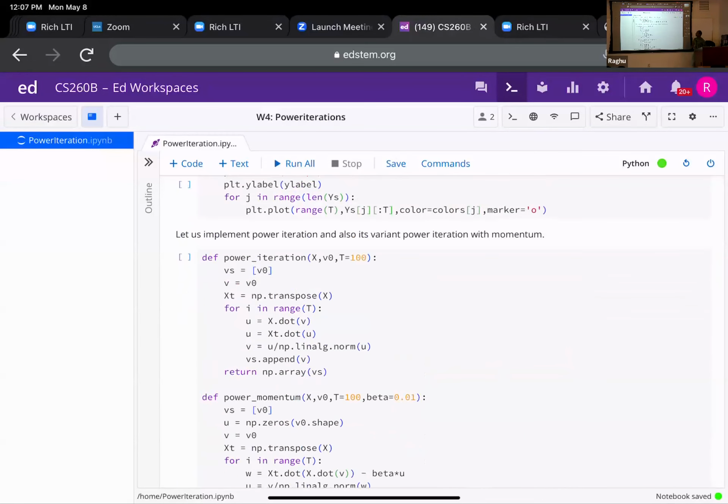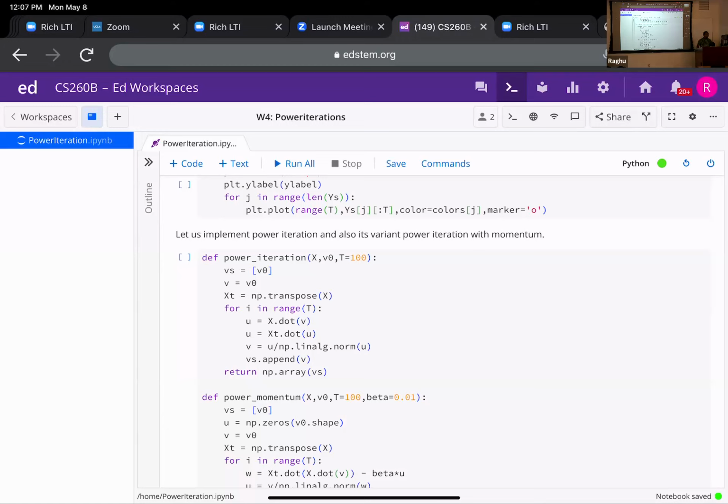Here's the implementation of the power iteration. You start with some initial vector, and I'm just storing the transpose for ease, and you keep multiplying it. We don't compute x transpose x. We first multiply the vector with x, and then with x transpose, and so on. And we also normalize after each iteration to prevent overflow errors.